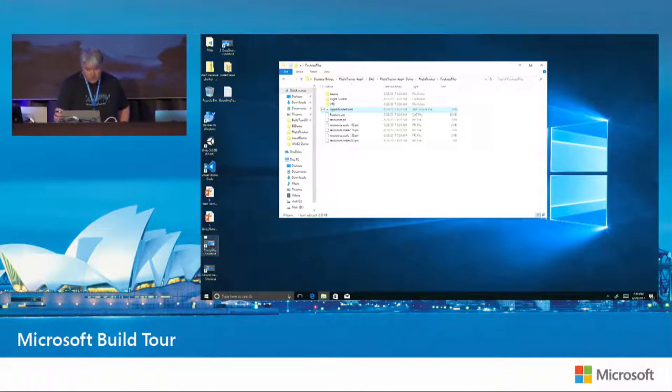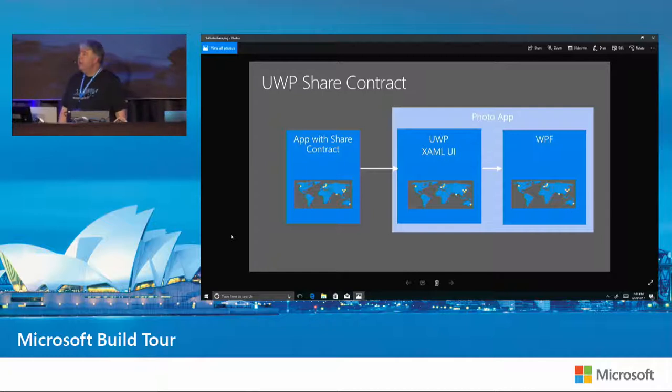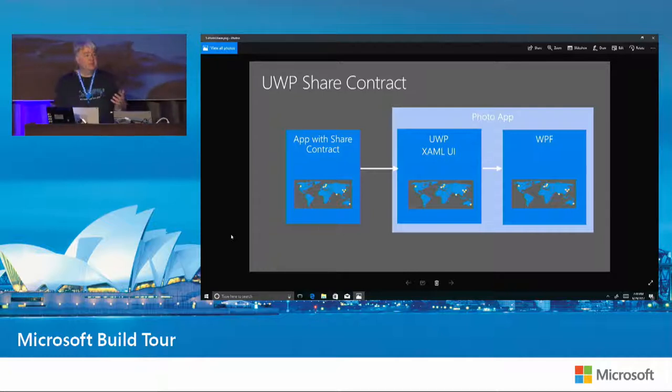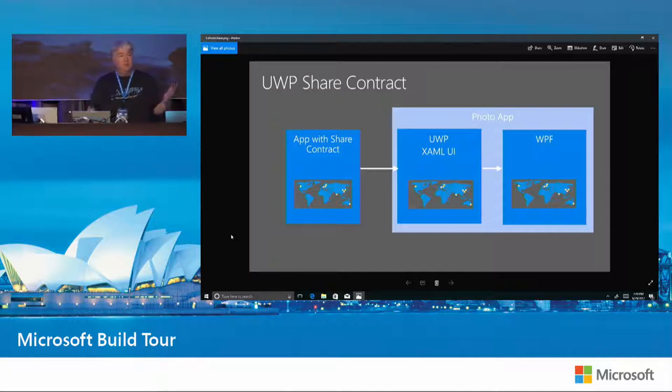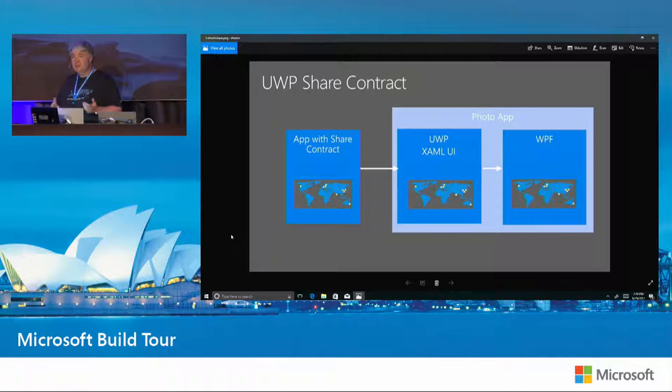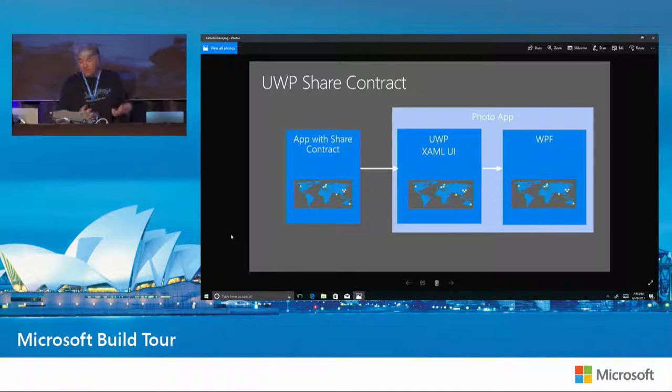Okay, so one thing we have in Windows 10 is the ability to share data between applications. It's called a share contract. And a traditional Win32 application cannot connect to this share contract because it's not a Windows 10 application.